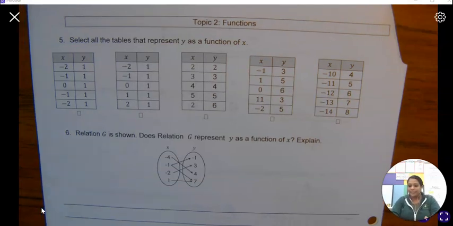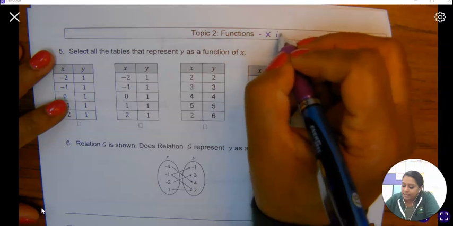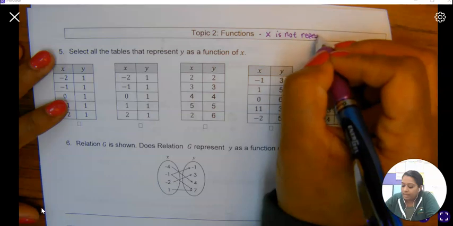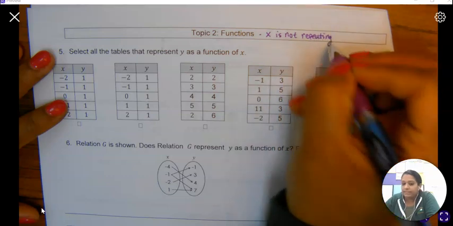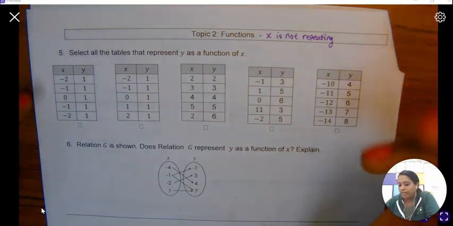Right, so we come to the next section, functions. You know that it's a function when x is not repeating, meaning that every x value has its own y value. It won't go to two of the same y values.